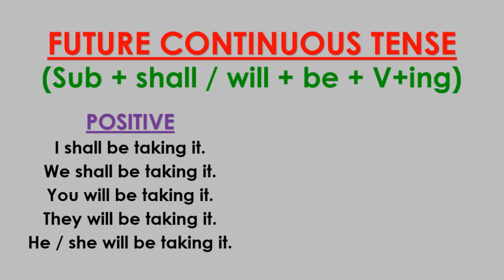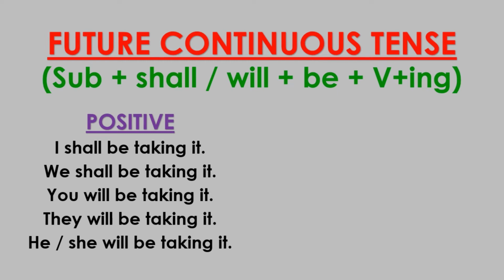In the positive, it is I shall be taking it, we shall be taking it, you will be taking it, they will be taking it, and finally either he or she will be taking it. Now here let me remind you once again that if the subject is first person singular number or first person plural number, the auxiliary verb will be shall and not will.